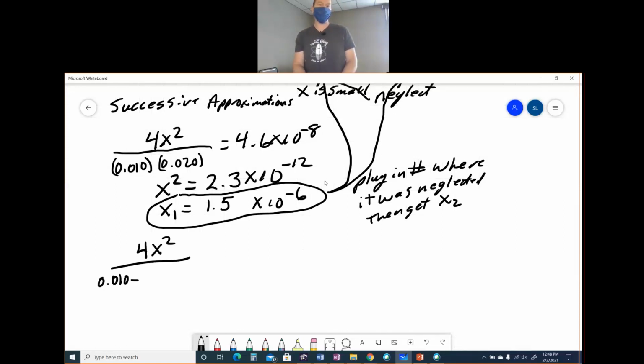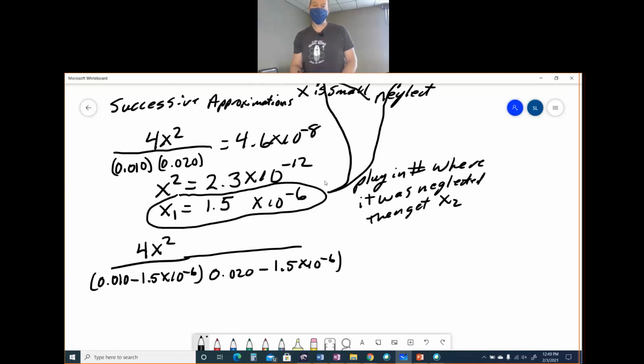All right, so now we have 4x squared over 0.010 minus 1.5 times 10 to the minus 6, and 0.020 minus 1.5 times 10 to the minus 6, and that is equal to 4.6 times 10 to the minus 8.